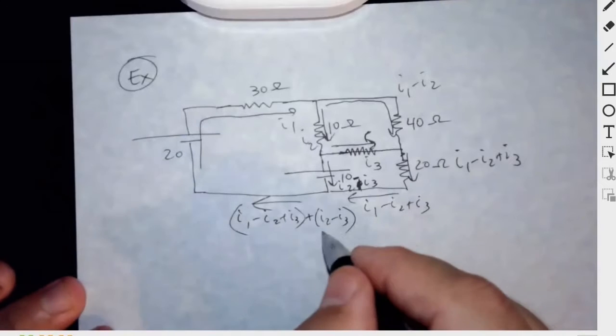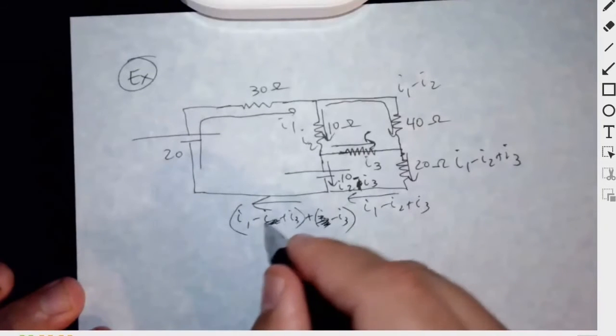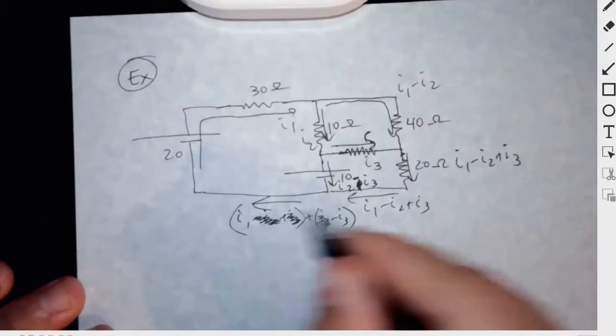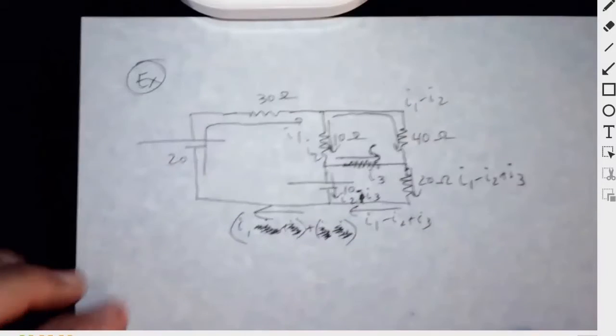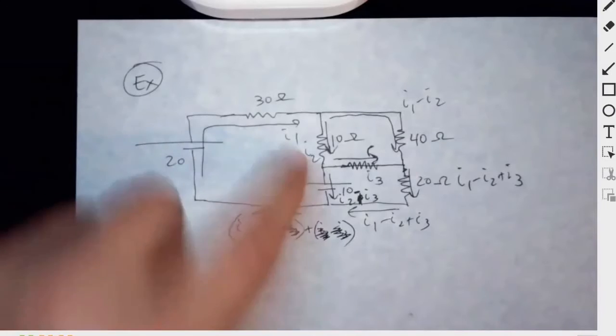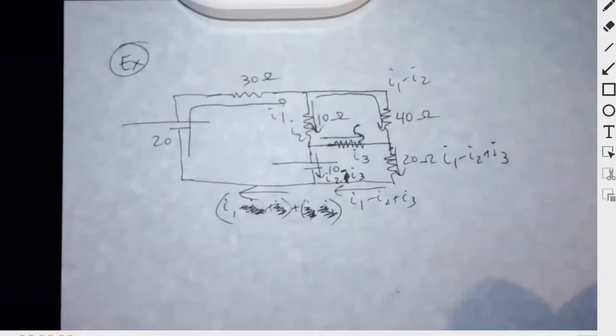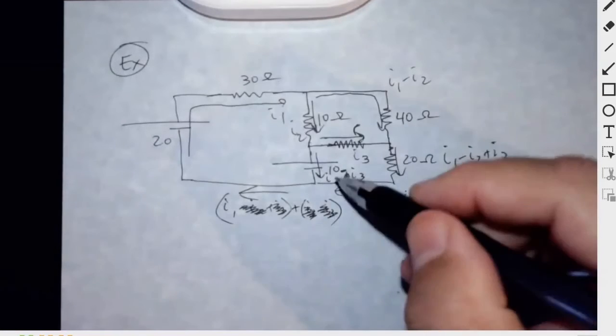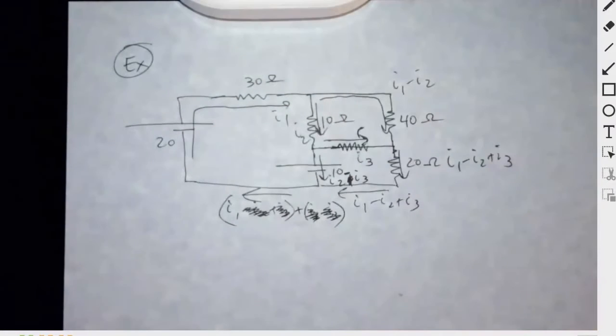The I2 should cancel the I2, the I3 should cancel with the negative I3, and there you have it, I1, which should be the current on this side. When you do all these currents, you should end up getting back to the original current.